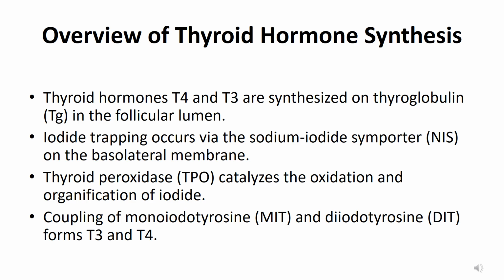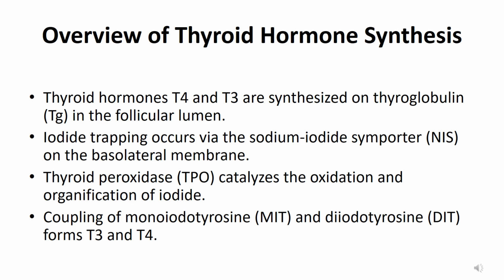Once inside the follicular cell, iodide moves toward the follicular lumen, where hormone synthesis occurs on a large protein called thyroglobulin, or Tg. Thyroglobulin acts like a scaffold that holds tyrosine residues used for hormone production. The next key enzyme is thyroid peroxidase, commonly called TPO.